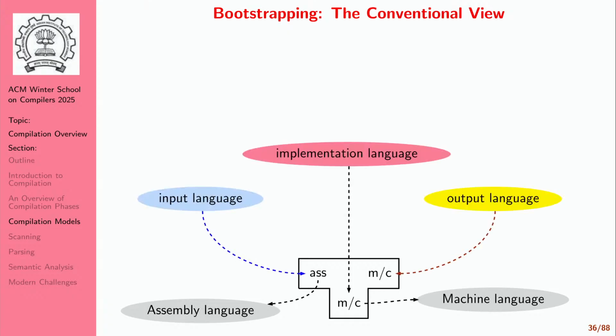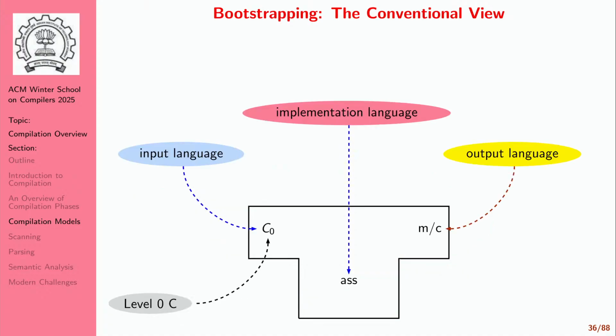Once you have this assembler, the input language is assembly, the implementation language is machine, and the output language is machine code. You have implemented an assembler. Now you can design a language C0, which is a minimal language, the simplest language.